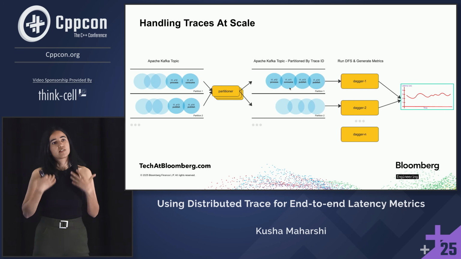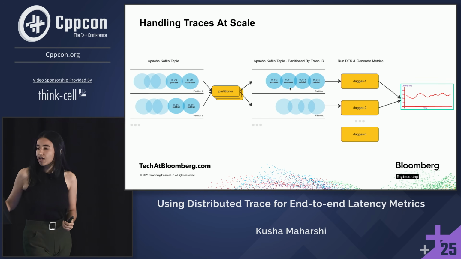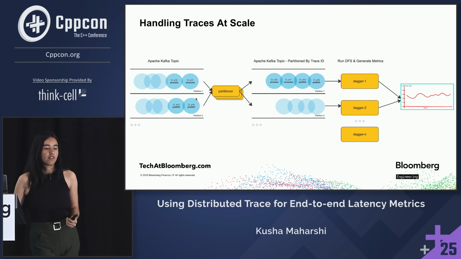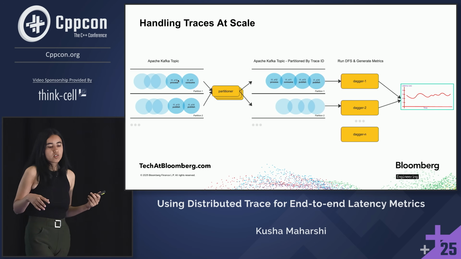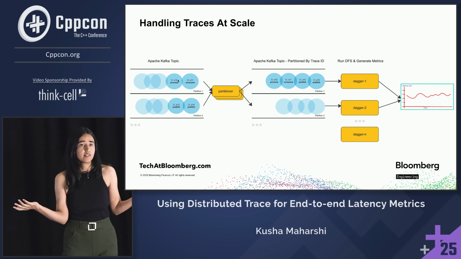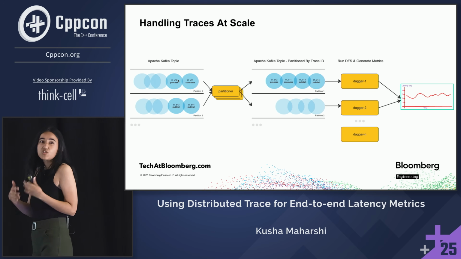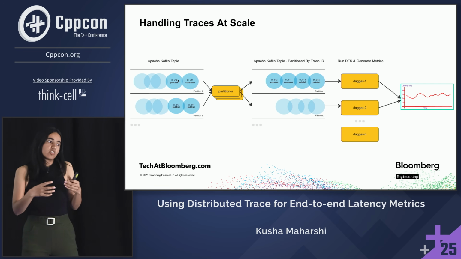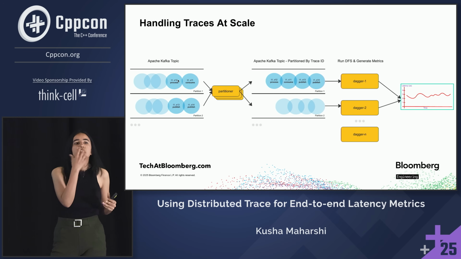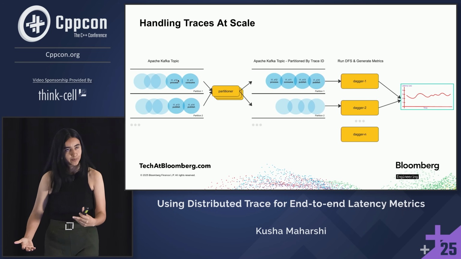So we ingest all these 50 billion spans a day into a Kafka topic, the one I have shown right here. These spans are spread across different partitions in random ways. If you're not familiar, a partition in Kafka is essentially a way to group together logically related entities, and it really helps scale up your system as your volume grows.